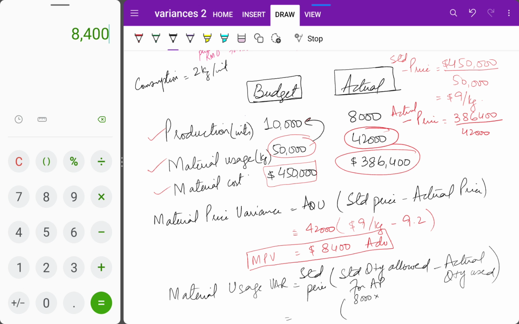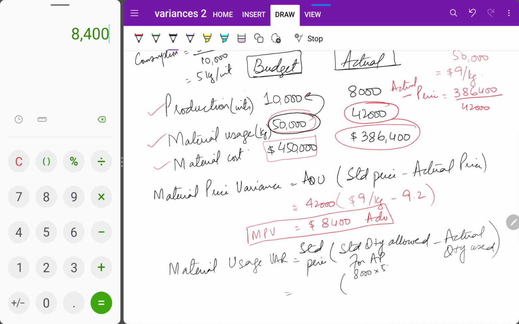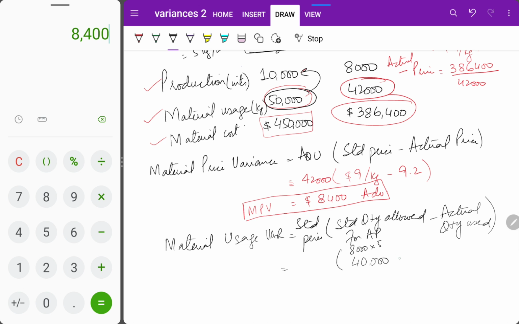We expected 50,000 kilograms to be used for 10,000 units, which means 5 kilograms per unit. So 8,000 times 5 is 40,000.